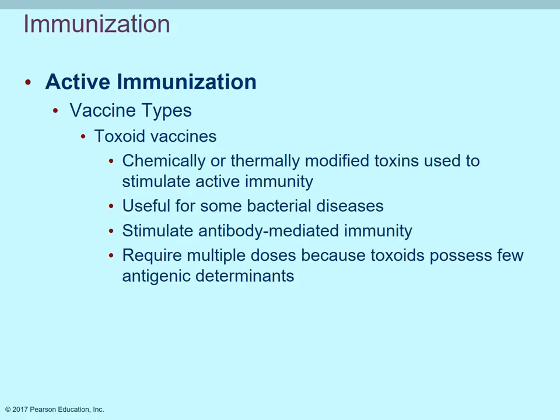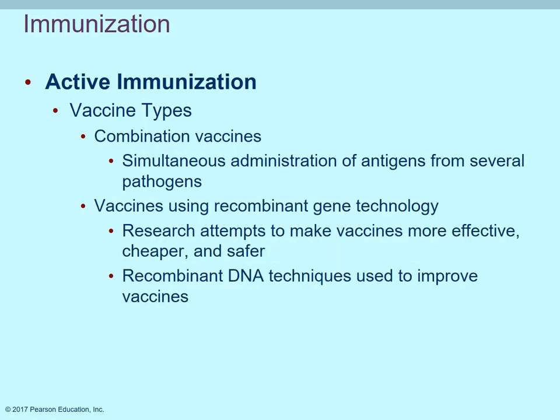Toxoid vaccines are where you are giving a modified toxin to help stimulate the immune response. So it just depends on which vaccine you're looking at as to what type it is. A combination vaccine is when it contains antigens from several different pathogens, such as the MMR, measles, mumps, rubella.